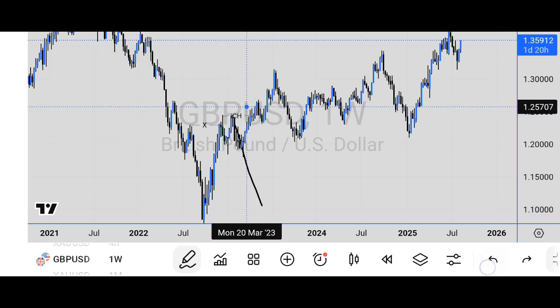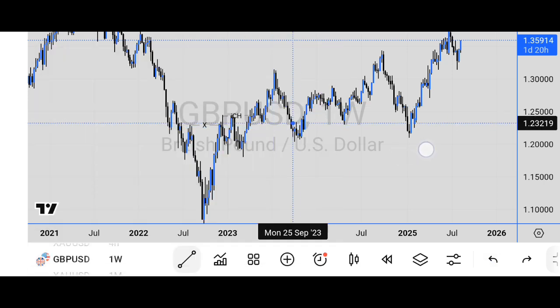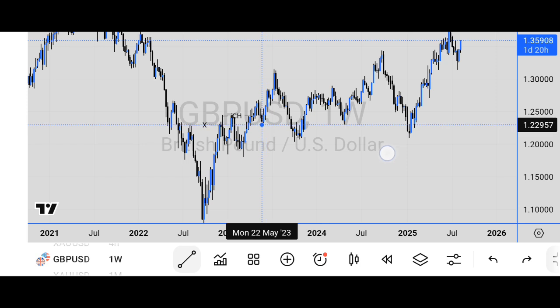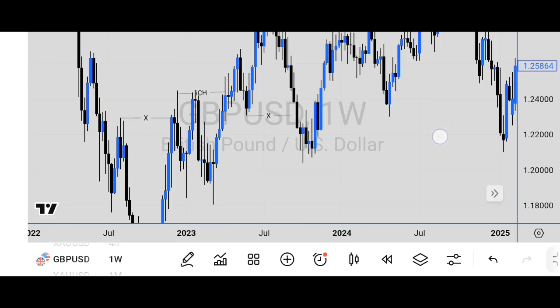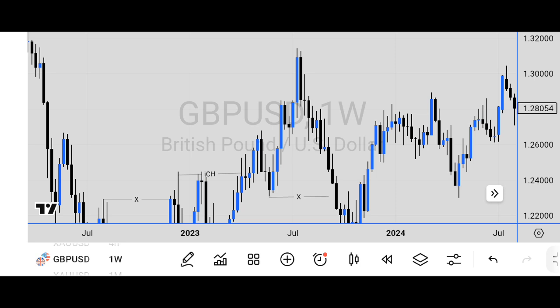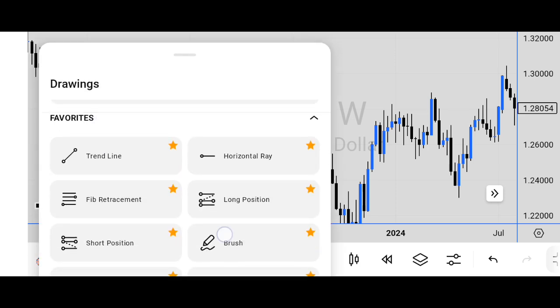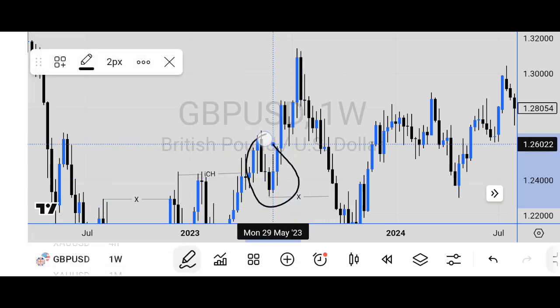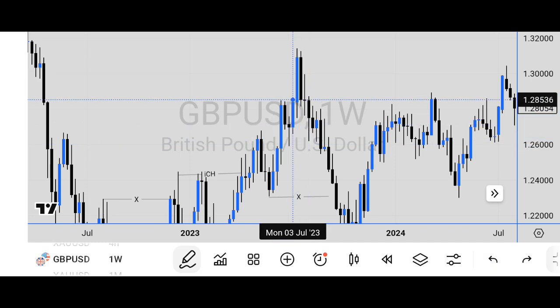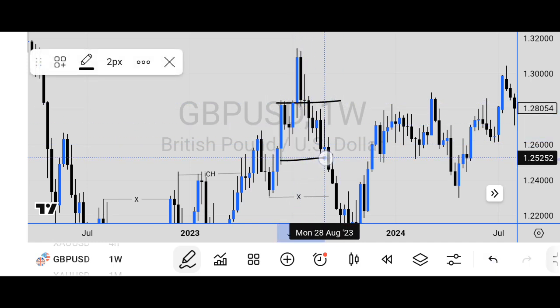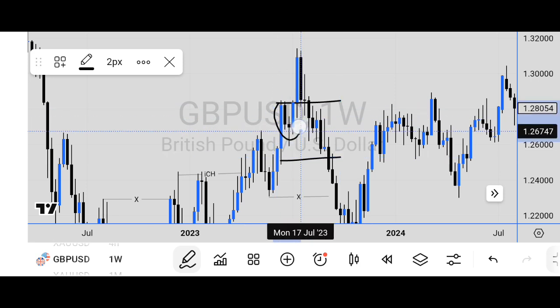So after our internal CHoCH, what do we have? We have an inducement sitting right here. Why is this place our inducement and not this? If we look closely, you can see that these two candles are not a valid pullback.